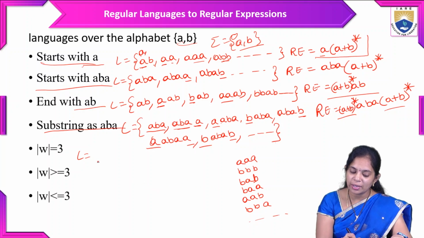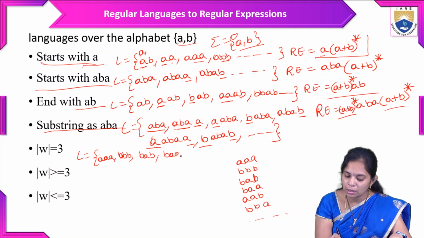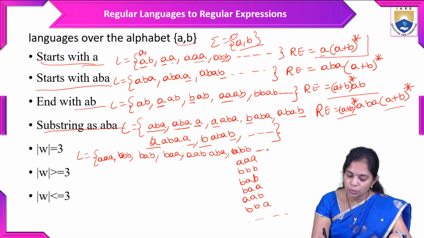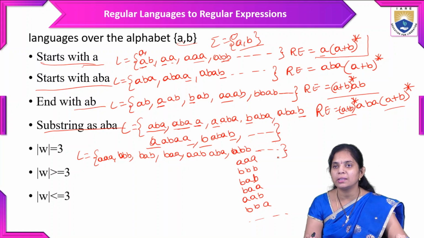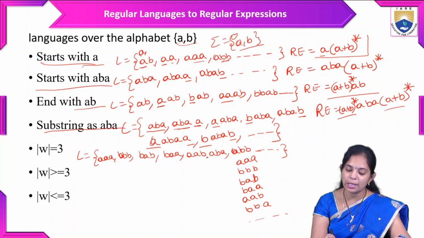So for this regular expression, these are the languages: BB, BAB, BAA, AAB, ABA, and so on. So what are the possibilities of word length 3? We need to write them in this language.